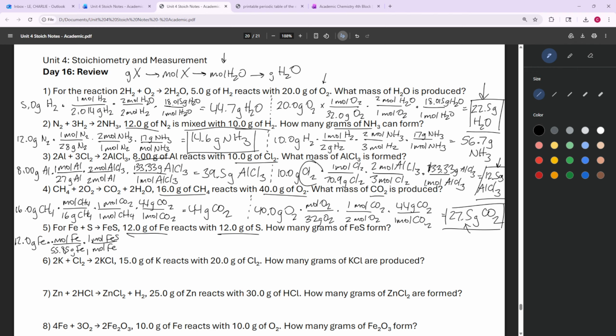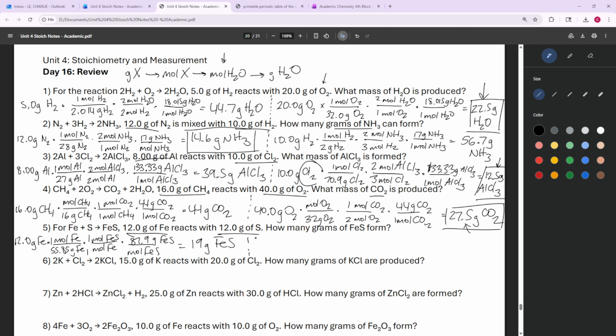That's a 1-to-1 ratio. Finally, for every mole of iron sulfide, that'll be 55.85 plus about 32, or 87.9 grams iron sulfide. So if we multiply 12 divided by 55.85 times 87.9, we get about 19 grams of iron sulfide, roughly.